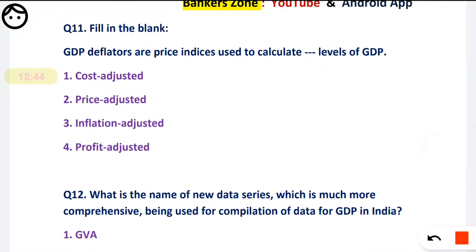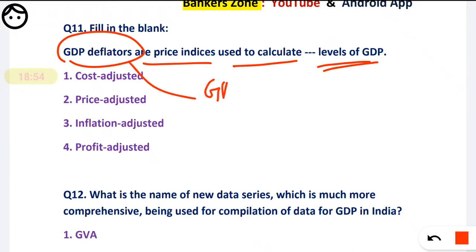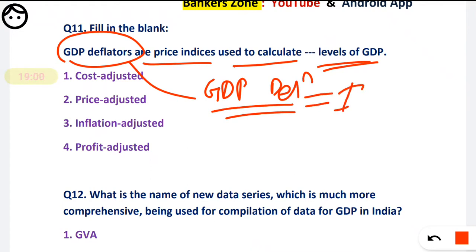GDP deflators are price indices which are used to calculate dash level of a GDP. So remember friends, what do you mean by GDP deflator? GDP deflator is also important because it considers inflation.